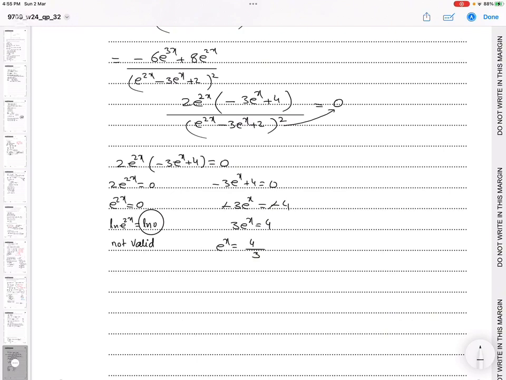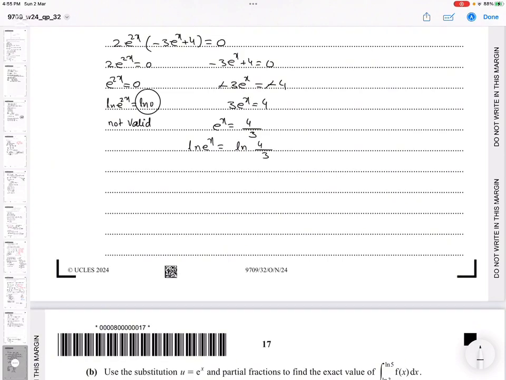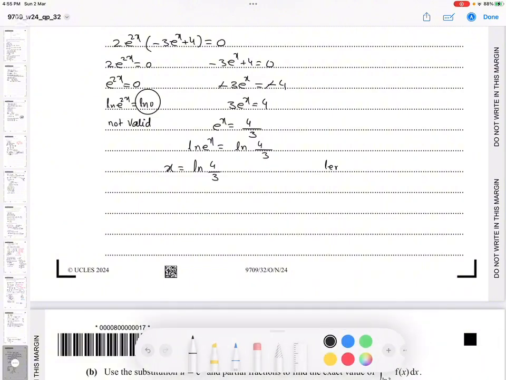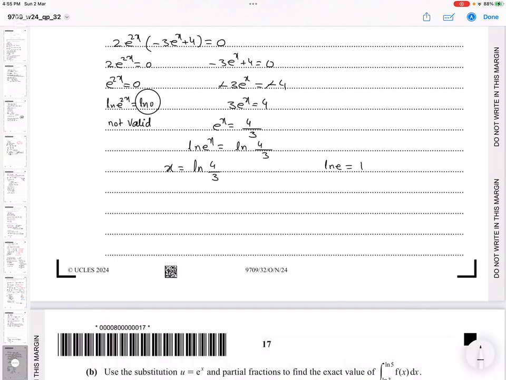Now take ln on both sides. ln e^x equals ln(4/3). So x is equal to ln(4/3), because ln e equals 1 always. So this is our answer.